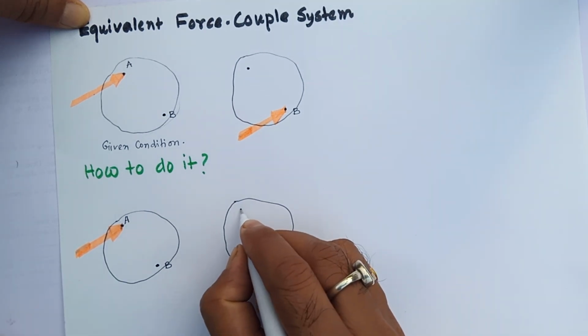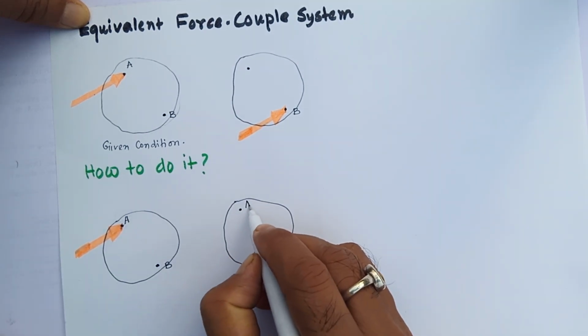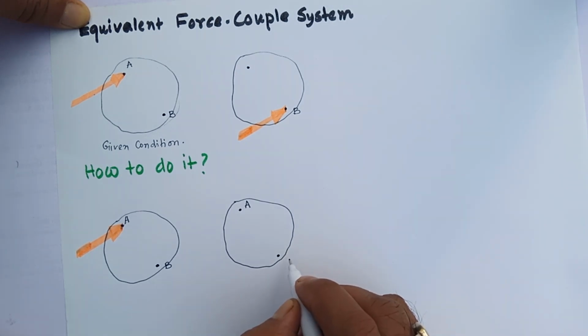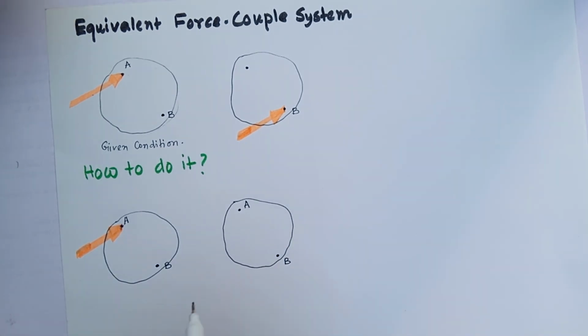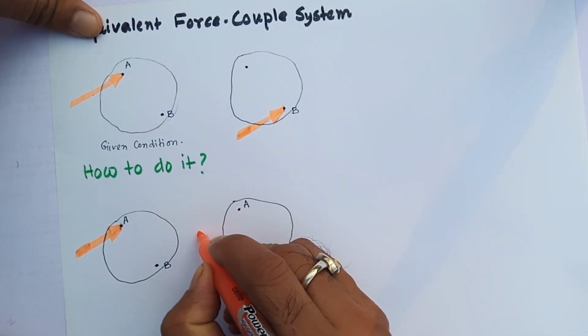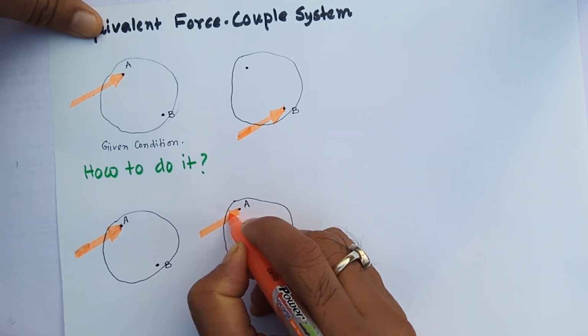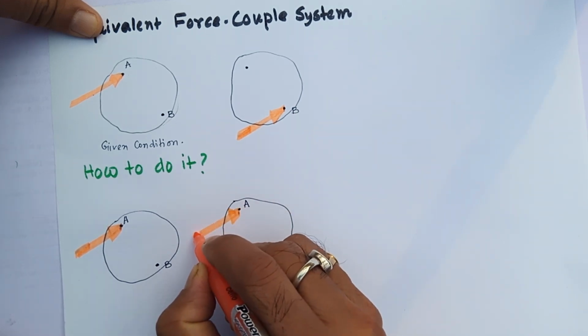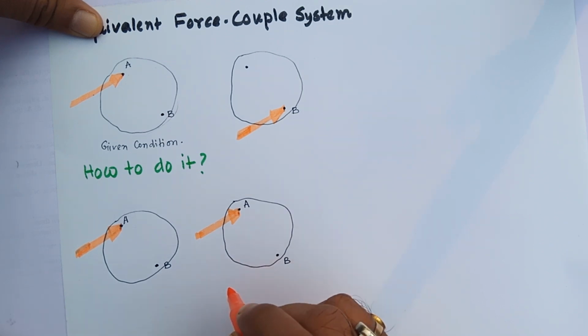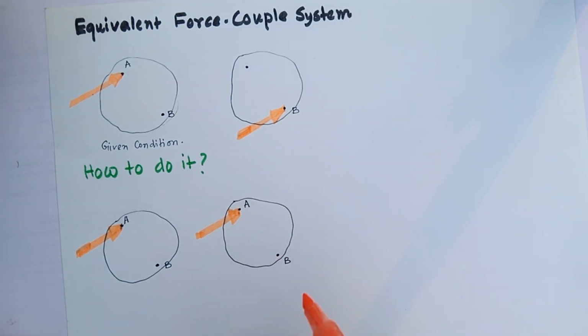So A, B, this is the given condition and the required condition.